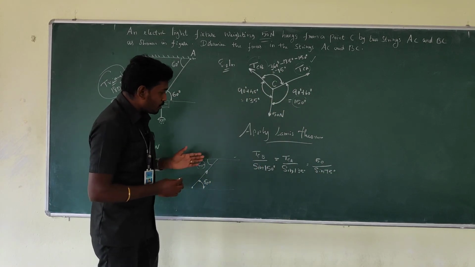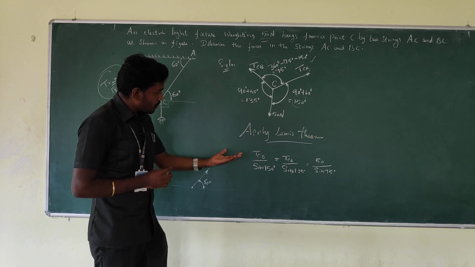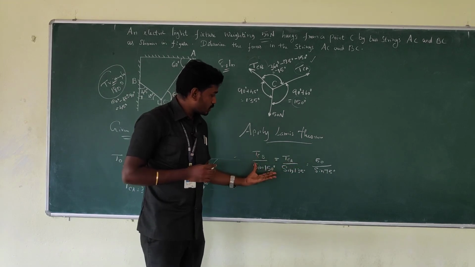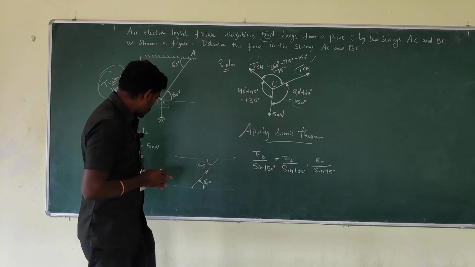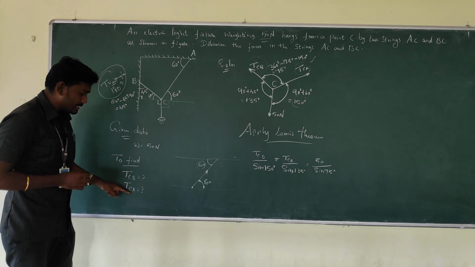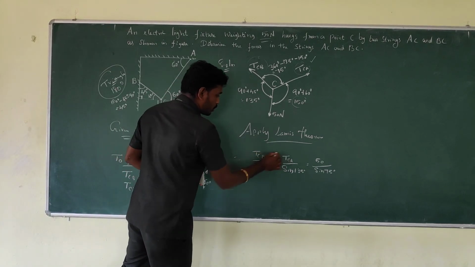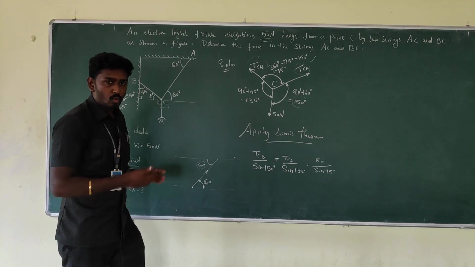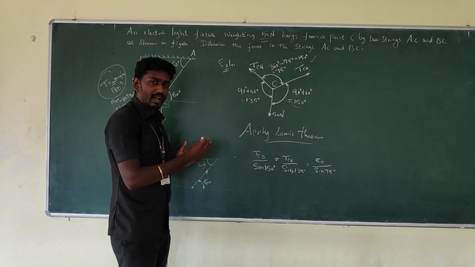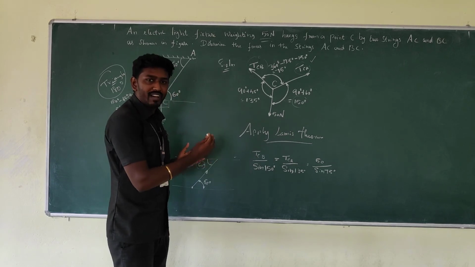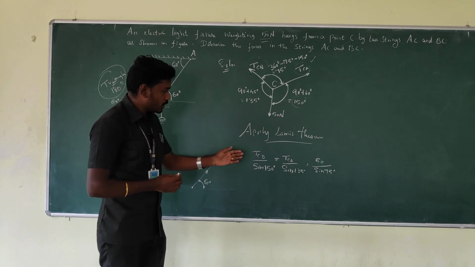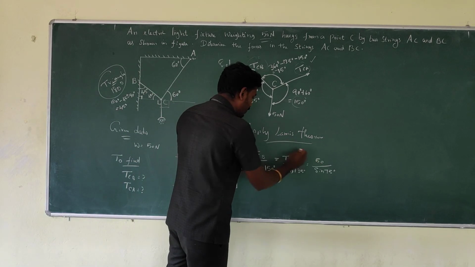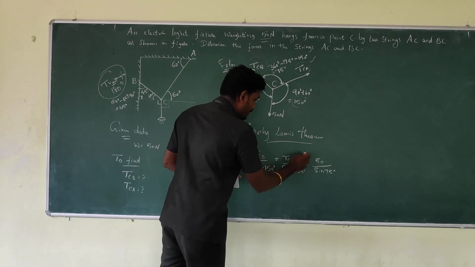So now we have two unknown forces and one known force. Am I right? So here we need to calculate TCB and TCA. Both we need to get the answer. So what we are going to do is relate the known value with the unknown value.